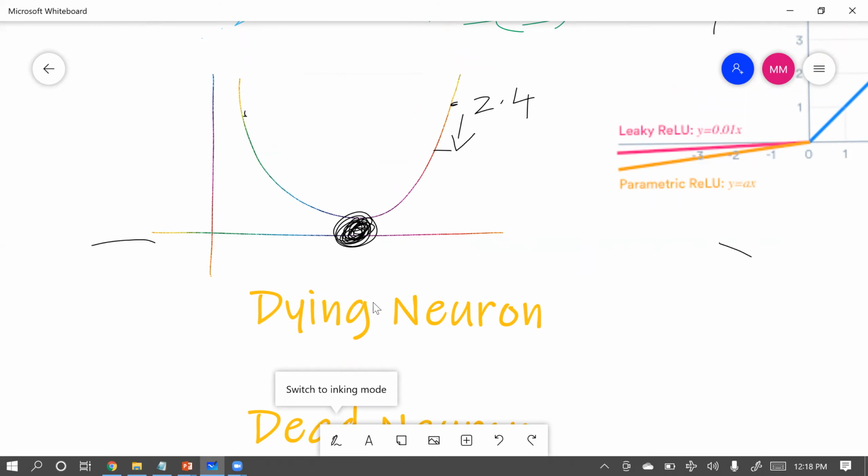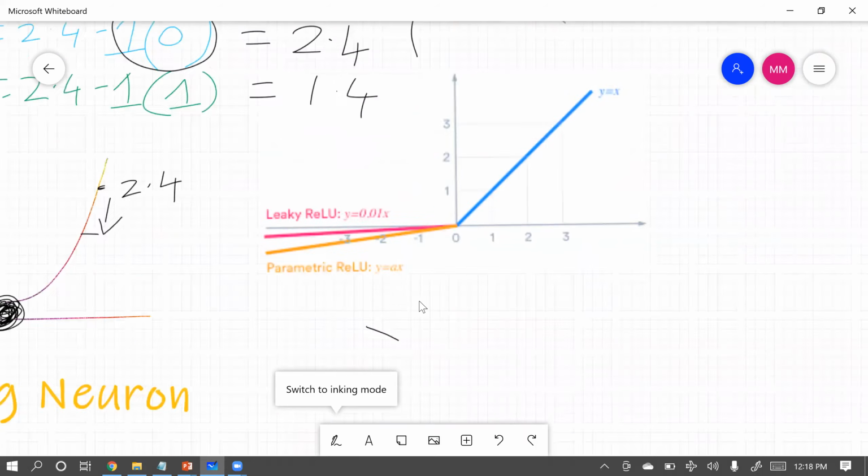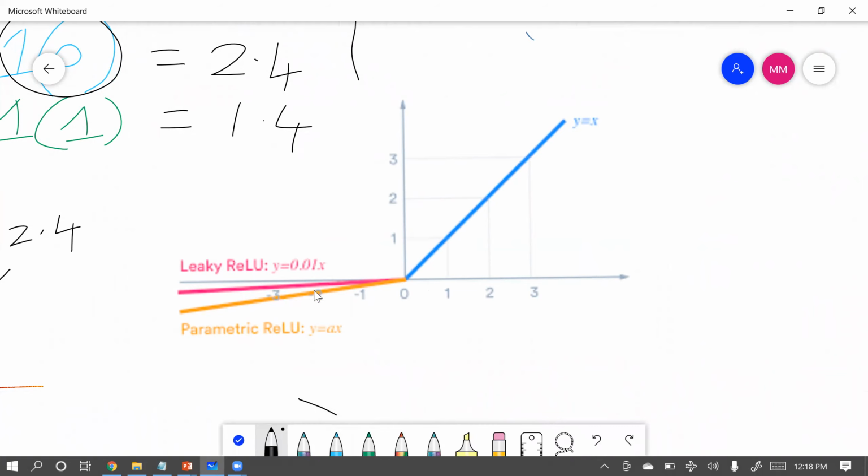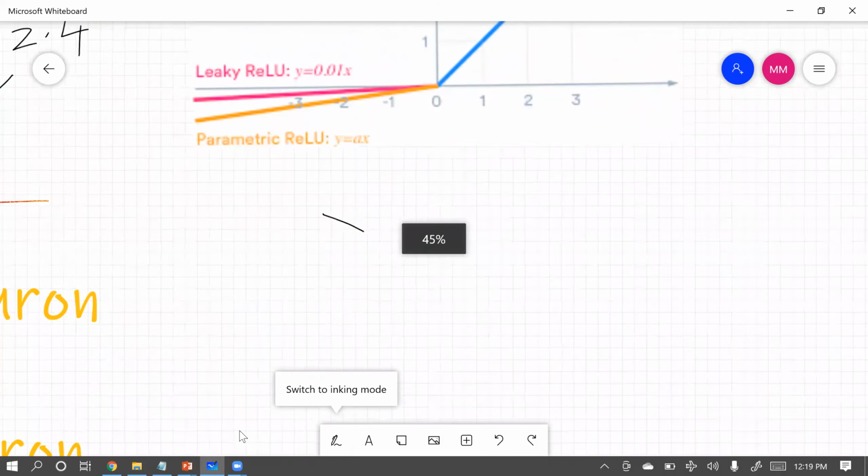To overcome this dying neuron situation, we came up with an advanced technique of ReLU, which is leaky ReLU. Leaky ReLU is nothing but, when we are calculating a value, again it is a hyperparameter technique, we will be passing a parameter with that x value or z value. So let me write the formula here.